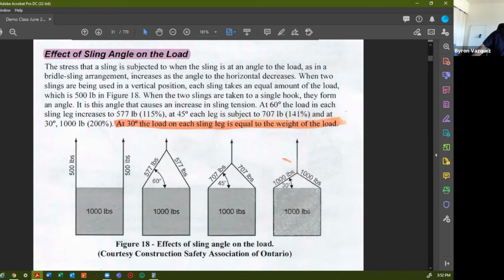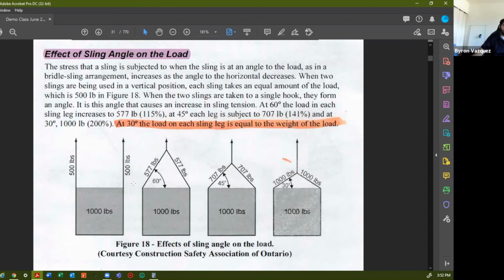We know we're going to divide our load by 2, right? Now that's not the same as you change angles. On a vertical, we know it's going to take on 100% of the load. And because we have two slings, we can divide by 2.